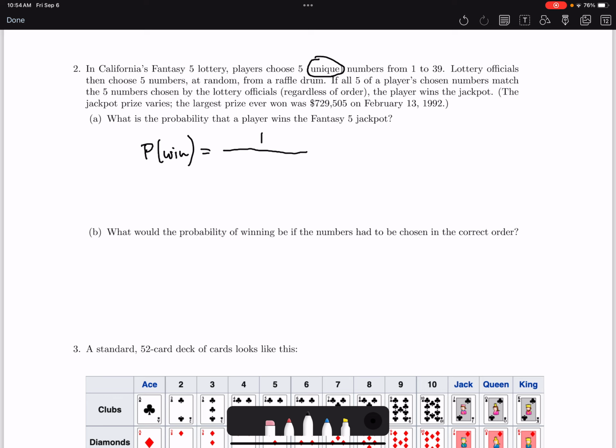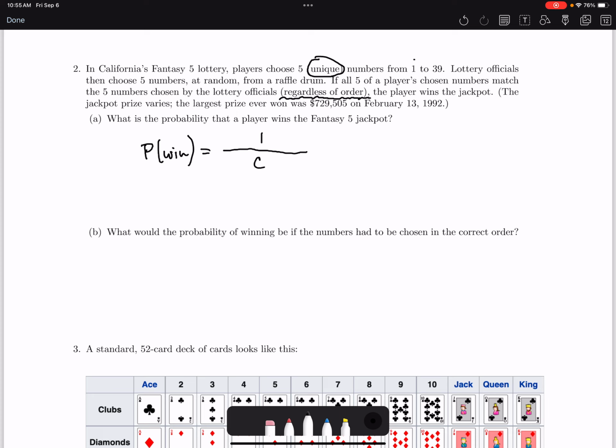It has to be 5 different numbers, 5 unique numbers. Okay, so we're not going to be using exponents. It's either permutation or a combination. So to decide which of those, then we ask ourselves, does the order matter? And it looks like in this game, it doesn't, right? We're told regardless of order, right? If you get the right numbers, it doesn't matter if they're in the right order or not. And that makes this a combination problem.